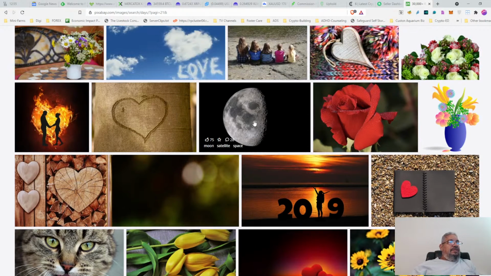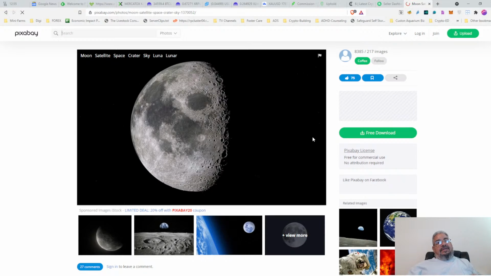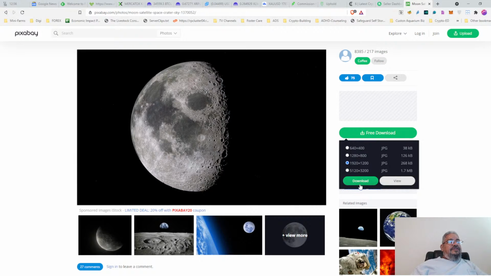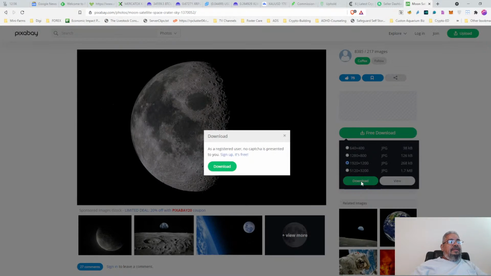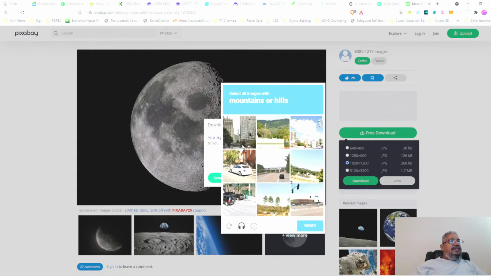Here's the moon. I'm going to capture this while I'm here. I'm pretty sure I have a moon already, but while I'm here, I'm just going to take the time to get ahead and stay there. Now, I only use a free account because everybody wants a nickel and dime for every single left and right twitch of a finger.